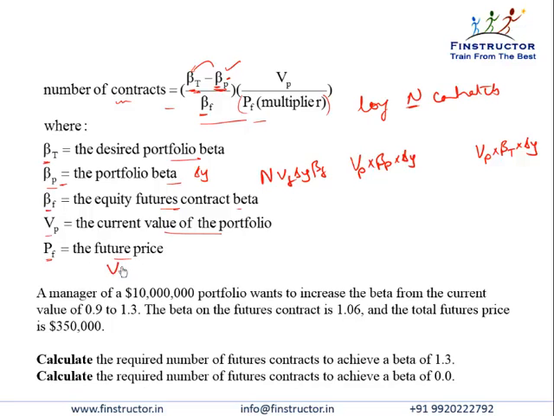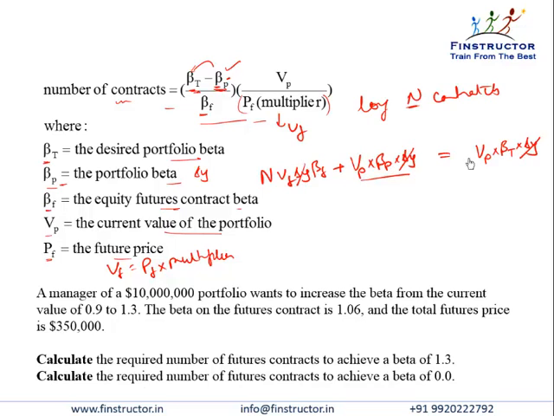Value of one contract is nothing but the futures price into the multiplier. So we call this the value of one futures contract. The stock or the existing portfolio will go up to this extent. The futures portfolio will go up to this extent, that is N into VF into beta F into delta Y. The whole change we want should be equal to VP into beta target into delta Y. Delta Y will get cancelled.